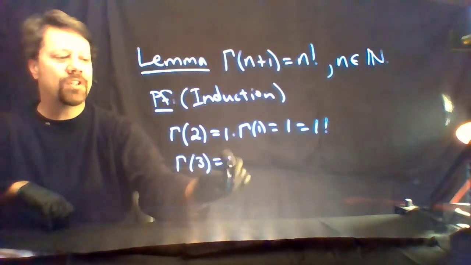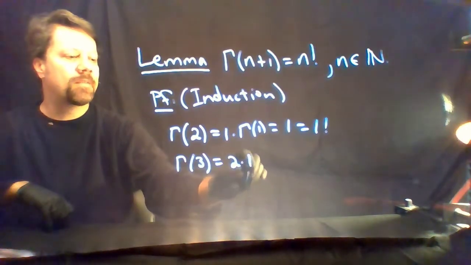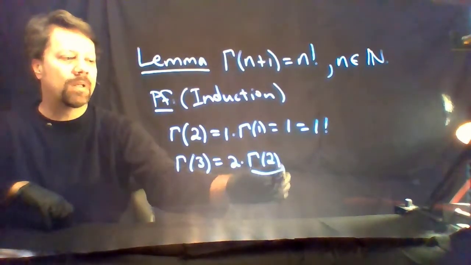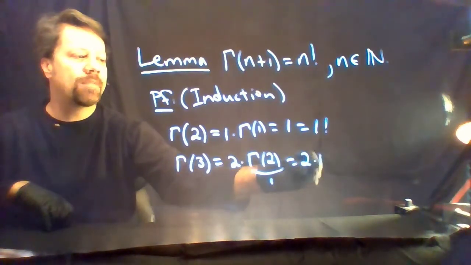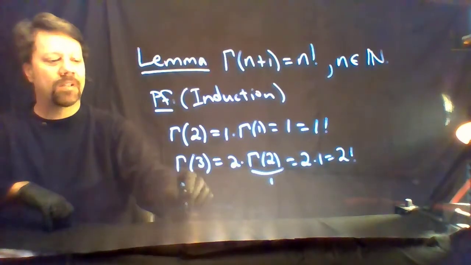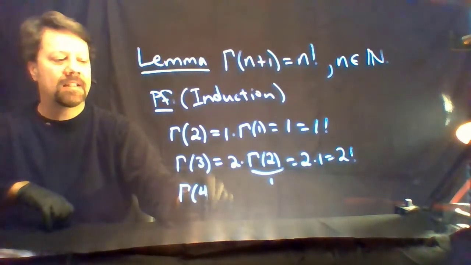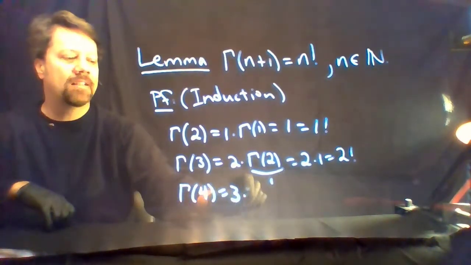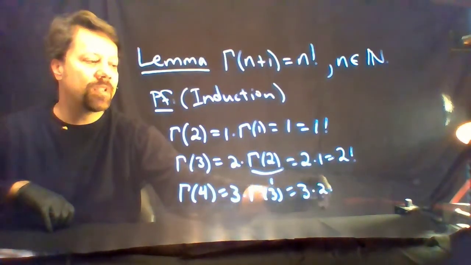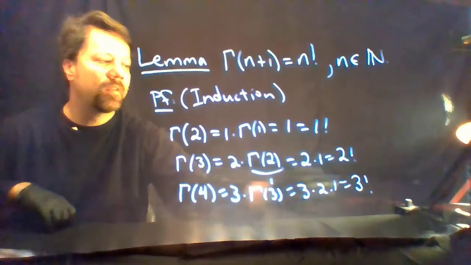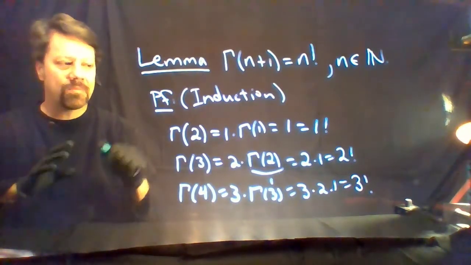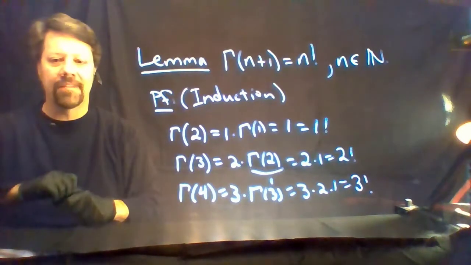Gamma of 3 should be 2 times gamma of 2. Well, we know that gamma of 2 is 1, so this is 2 times 1, and that is 2 factorial. One more time. Gamma of 4 should be 3 times gamma of 3, which is 3 times 2 times 1, or 3 factorial.